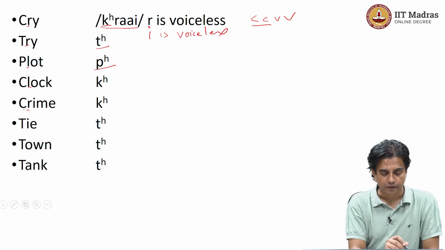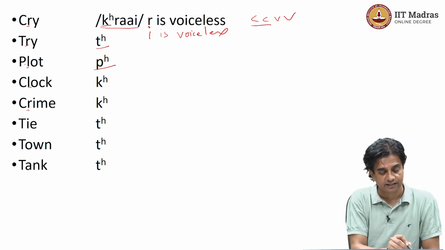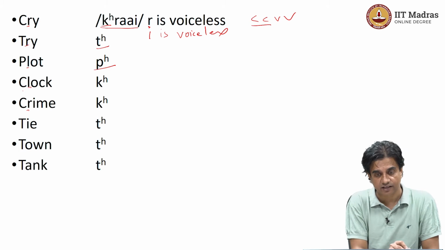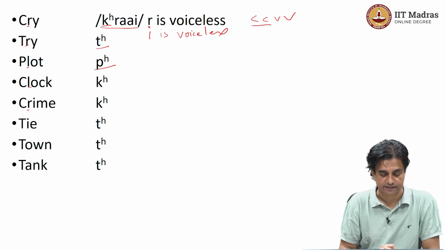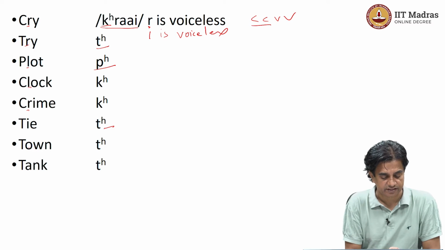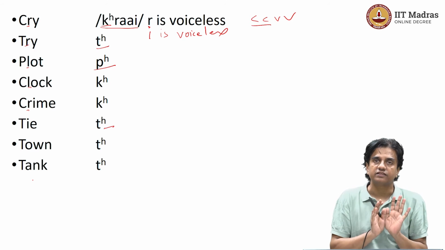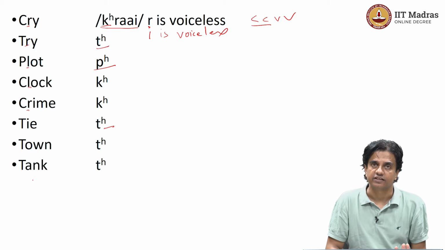So, the pa sound in plot also gets aspirated. The ka sound in clock also gets aspirated. Crime also gets aspirated. Tie, it's a normal word, so this is aspirated. Town, tank. All these initial sounds are aspirated in these monosyllabic words.